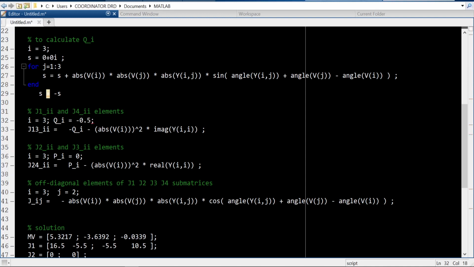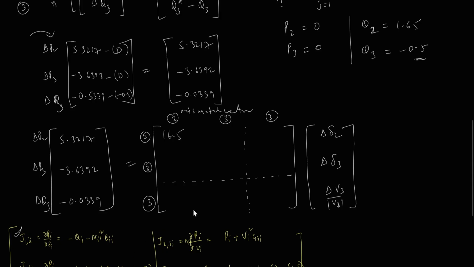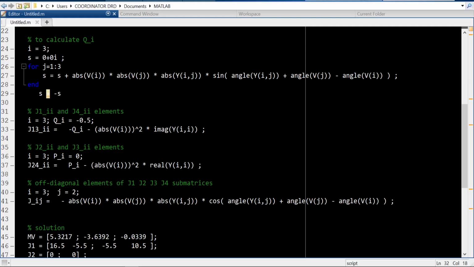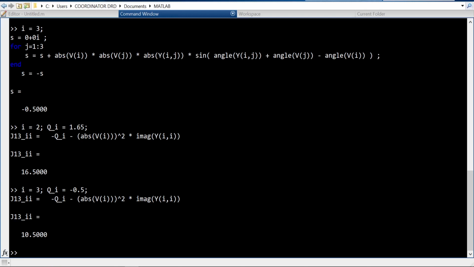Q3 is minus 0.5. Okay, so now I am evaluating the J1 3 3 element. It is coming to 10.5.